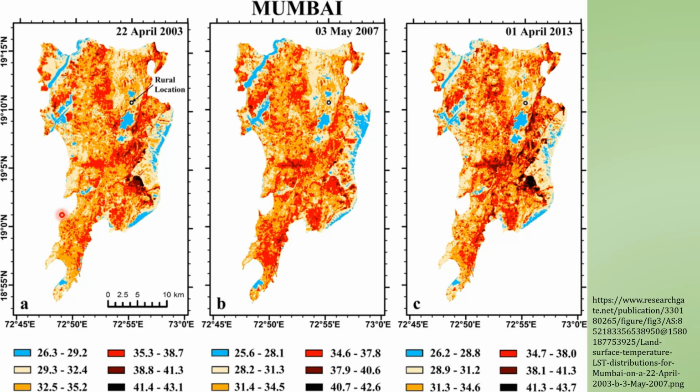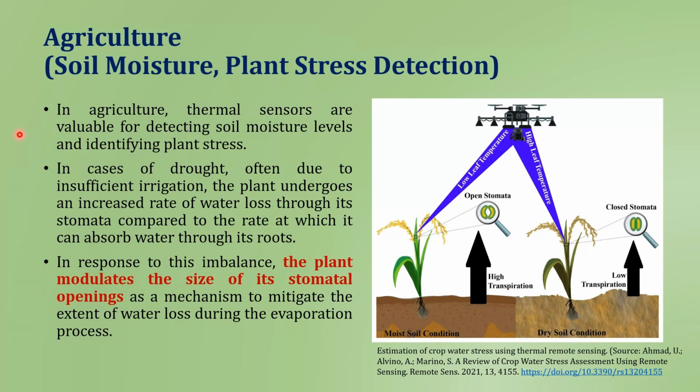This section shows LST in 2003, here we have for 2007, and here we have for 2013. And from these images, we can estimate that land surface temperature of the study area has increased from 2003 to 2013.